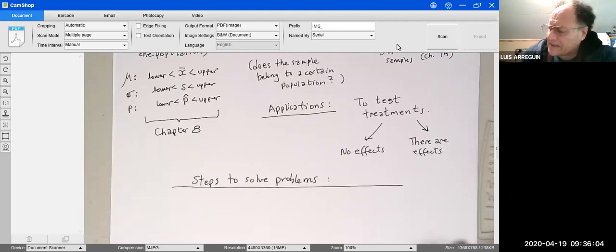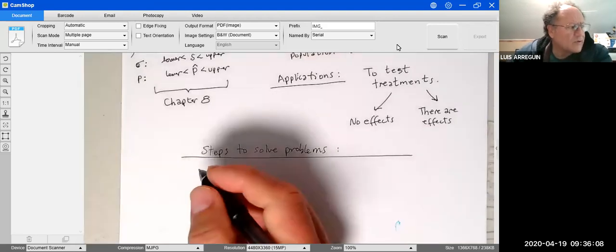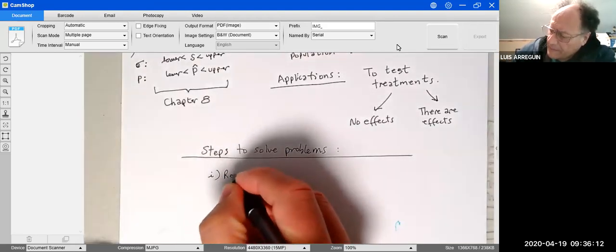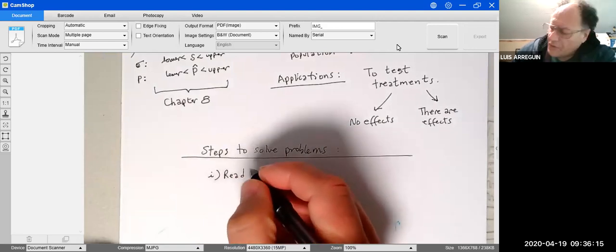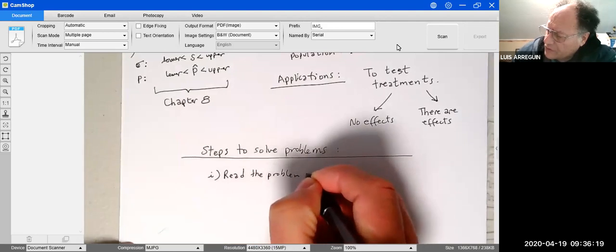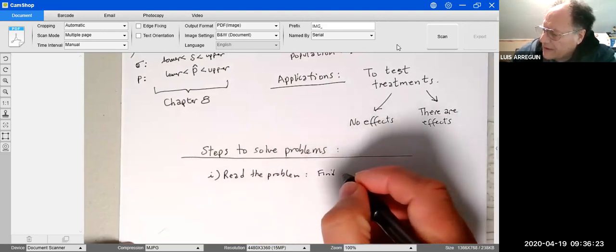So what are the steps to solve problems like this? First, we're going to need to read very carefully. We're going to read the problem carefully because we want to know what the claim is. So we're going to find the claim.